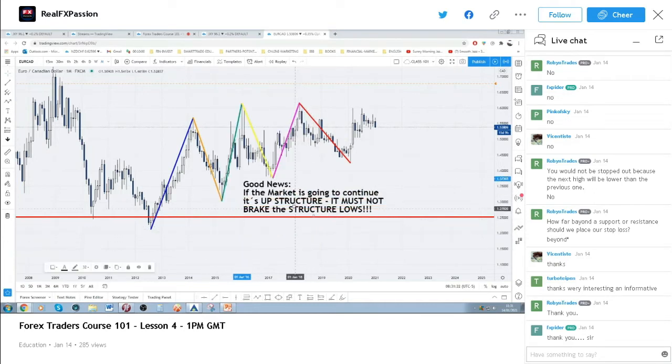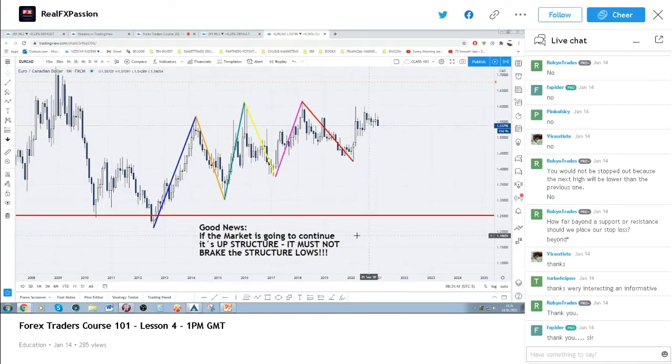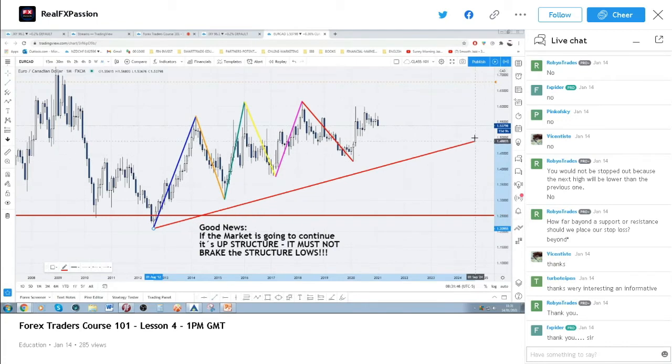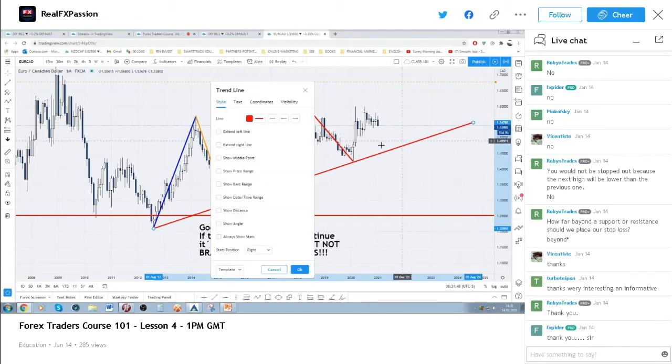This is good news, right? If the market is going to continue its up structure, it must not break the structure lows. Okay. So learn how to properly draw trend lines. So we can draw a trend line like this, everybody.